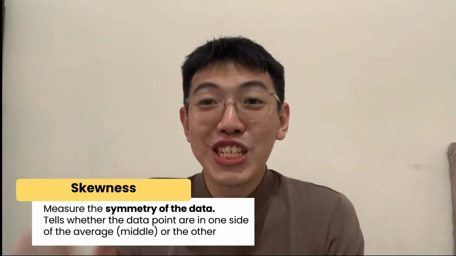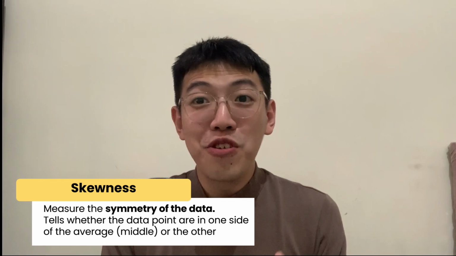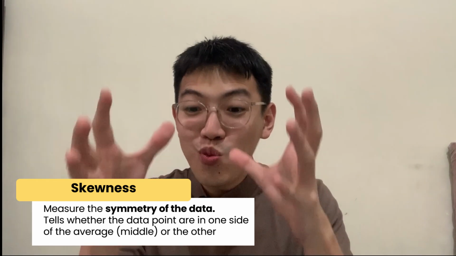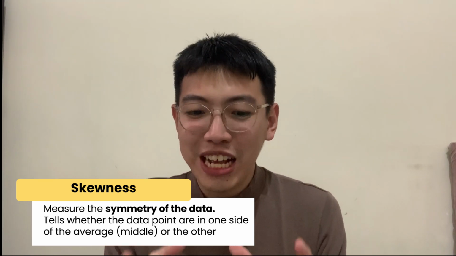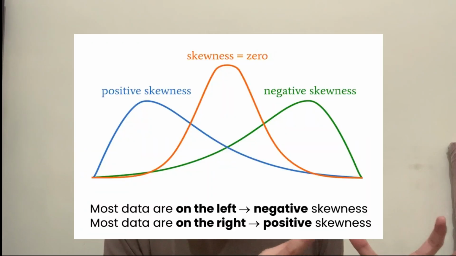Skewness measures the symmetry of the data. It tells you if most of your data points are on one side of the average or in the middle or the other. If they are mostly on the left, it is called as negative skewness. If they are mostly on the right, it is positive skewness.